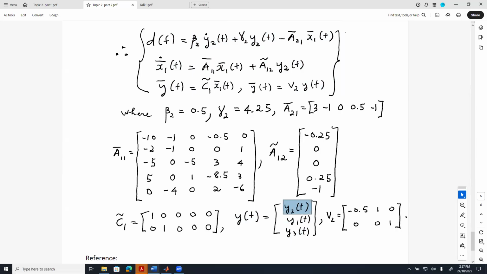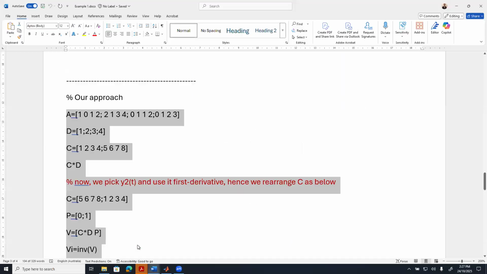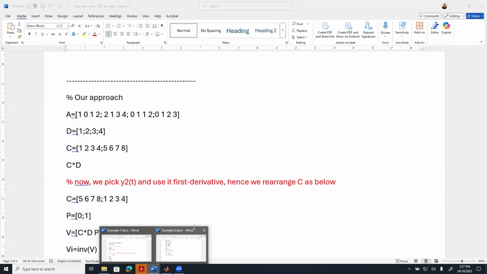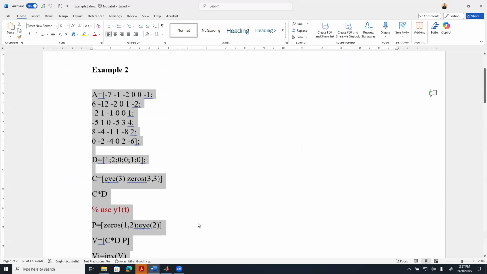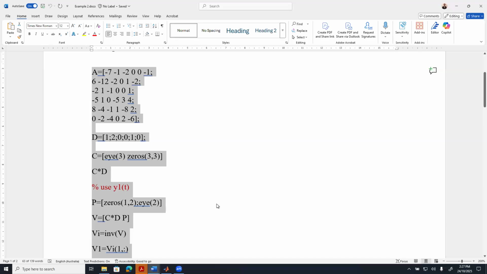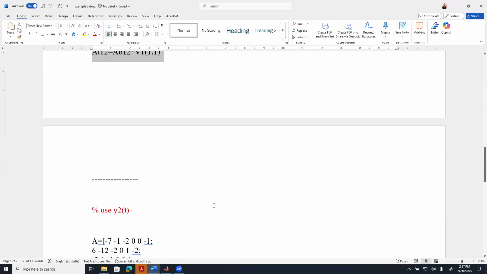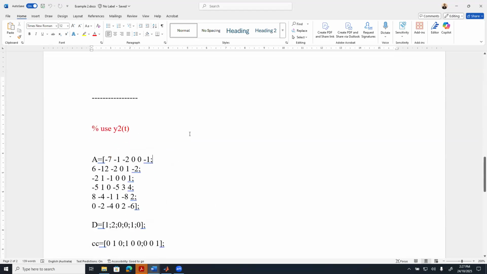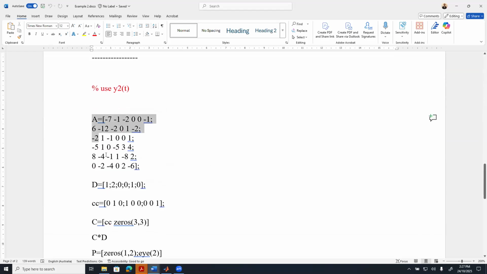And so that is the coding based on output measurement y2. There, this is based on output measurement y2.